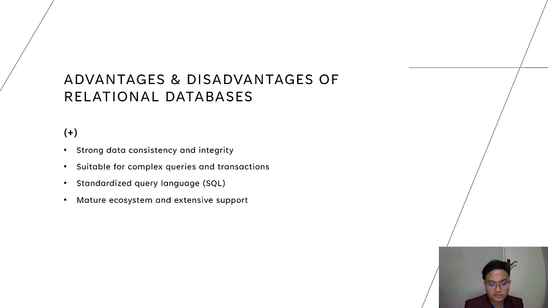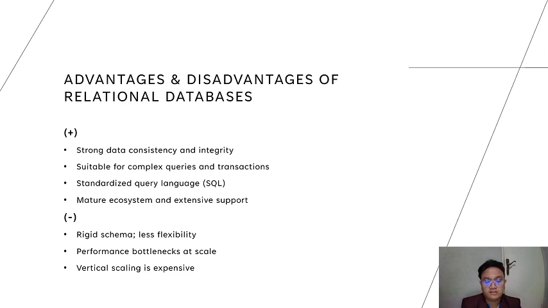It also has a mature ecosystem and extensive support. The disadvantages: the first one is that it has a rigid schema, which makes it less flexible. And also, performance bottlenecks can happen at scale, and scaling vertically is more often than not expensive.